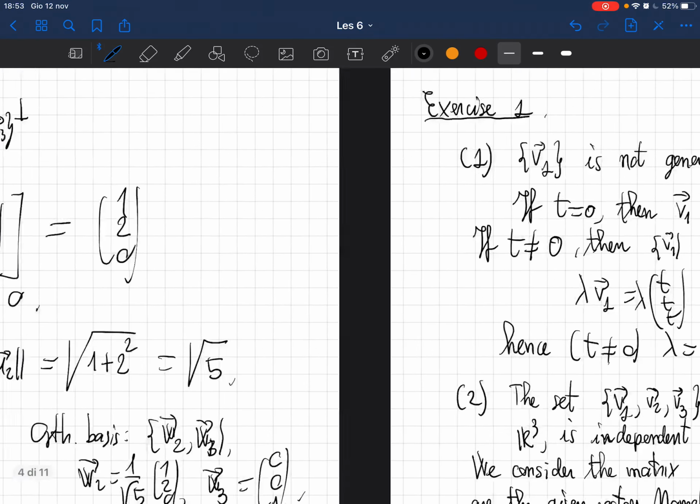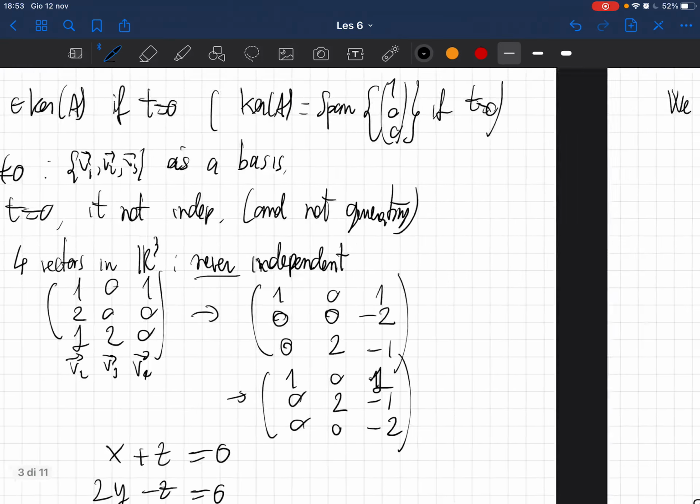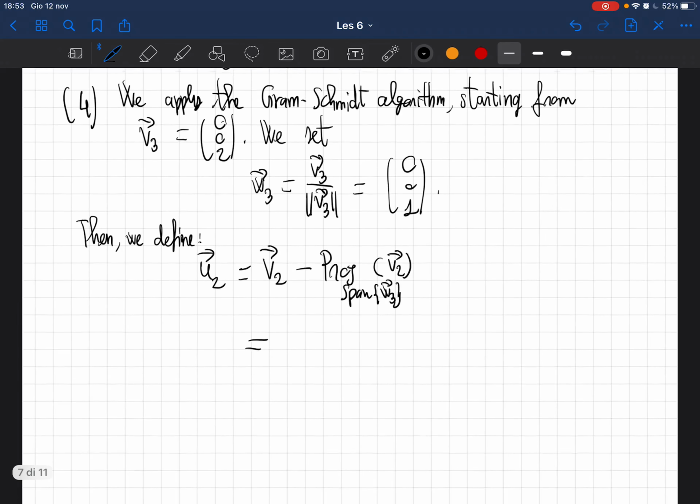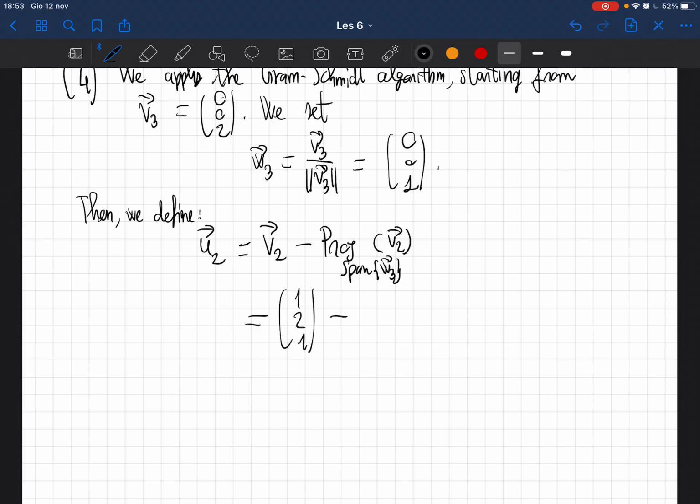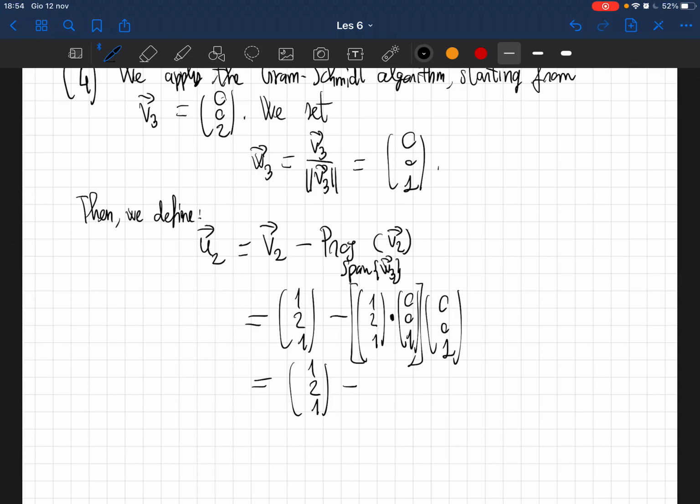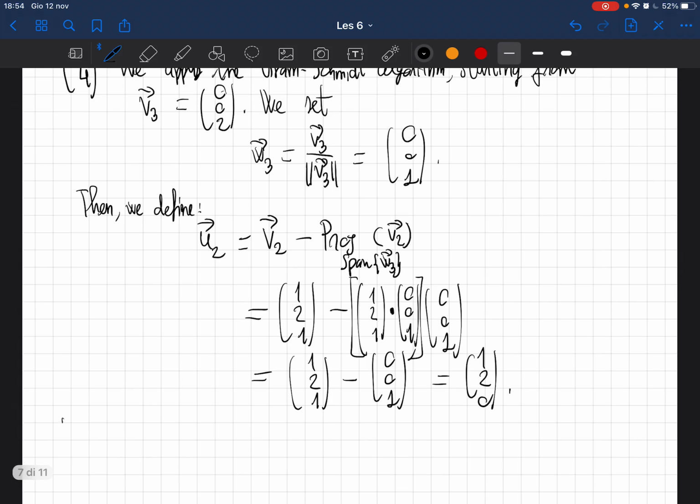And this is equal to, well, V2 is equal to 1 2 1, 1 2 1 minus, so you have this 0 0 1, and then the coefficient is what is the inner product between, okay, so 1 minus, minus 0 0 1, so which is 1 2 0.